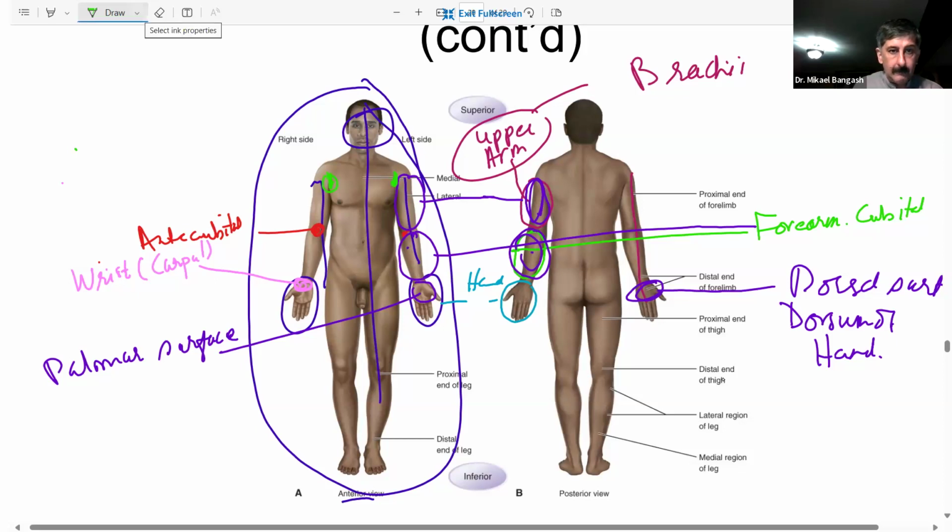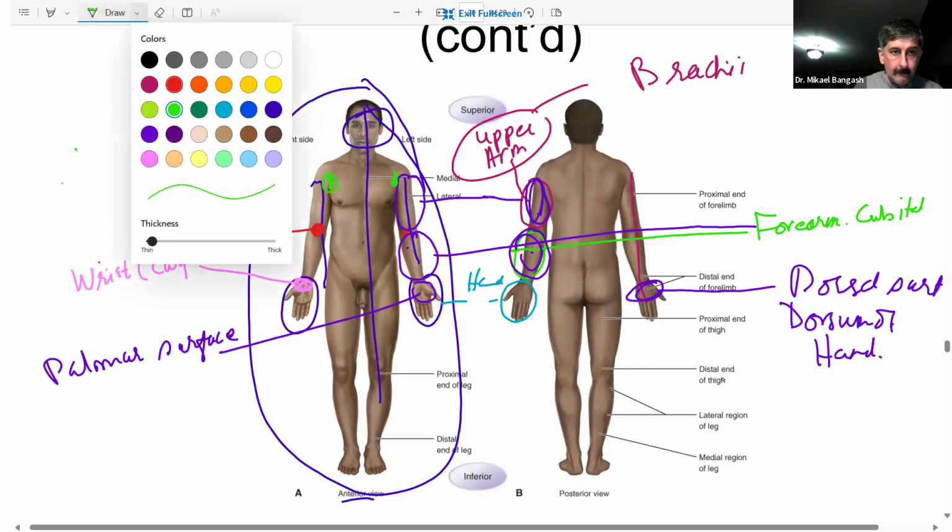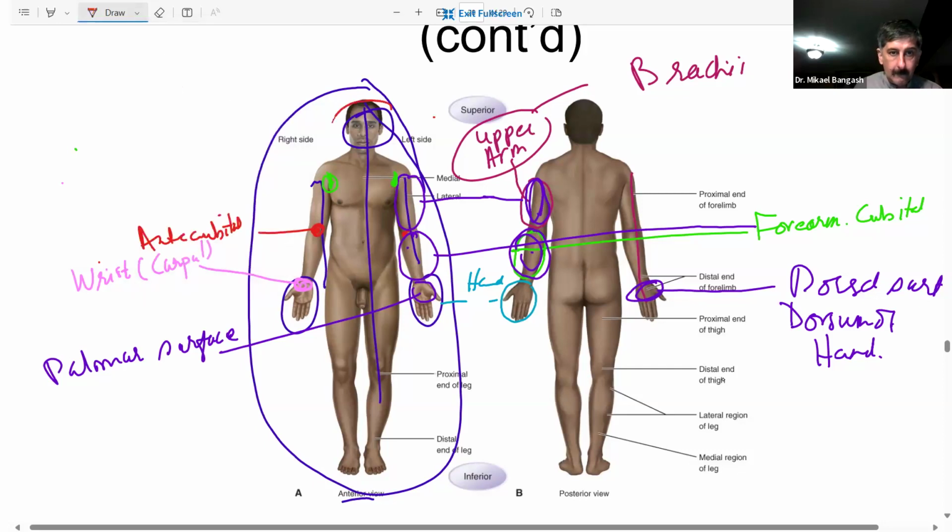We can say cephalic. That's a term mainly used to describe the relation of structures here to here, here to here, here to here, on what as a whole you can call the torso.